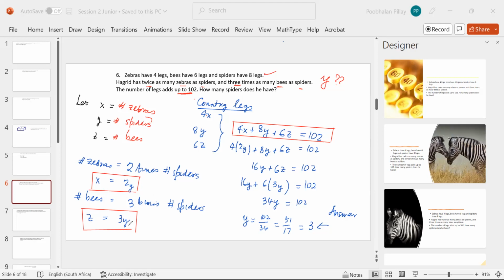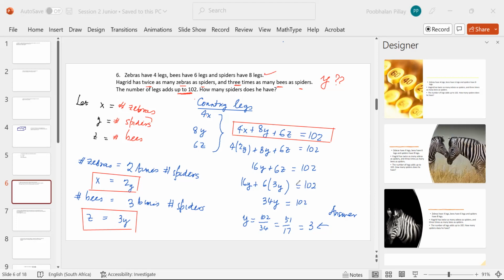So z equals 3y. Now that's another equation. See? A new smile should appear on your face. Wherever you see z, you can put y's in. So 16y plus 6 times, in place of z, 3y equals 102.